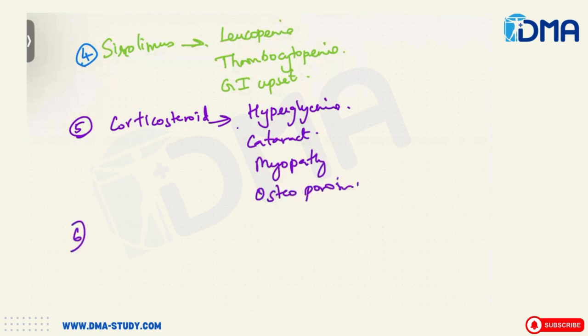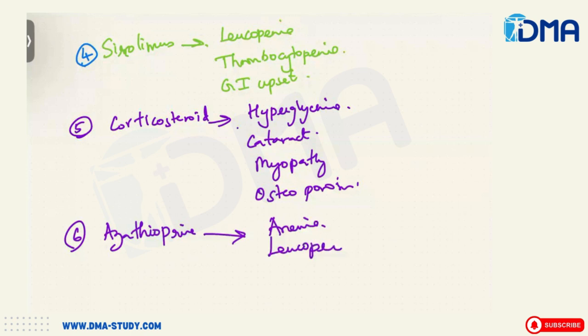Then azathioprine. There are high chances of anemia to happen with azathioprine, leukopenia, thrombocytopenia, everything will reduce, along with GI upset. These are the possible side effects that happen because of the immunosuppressor drugs.